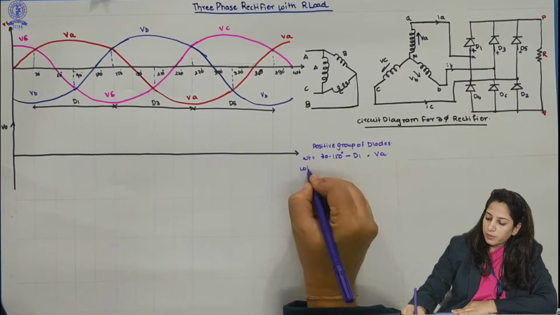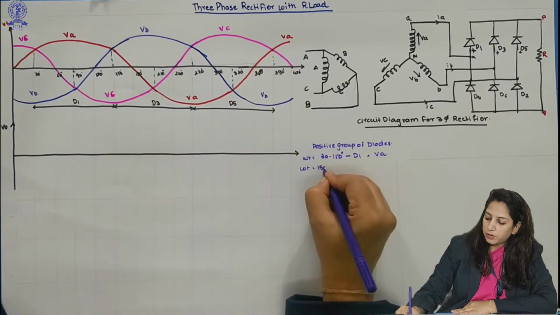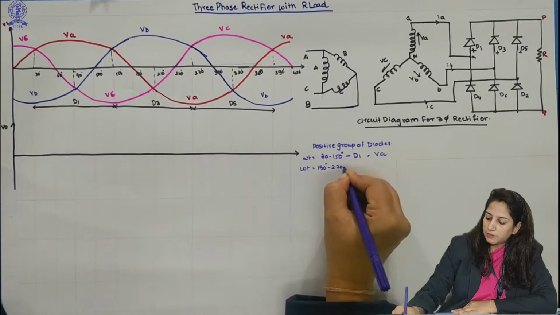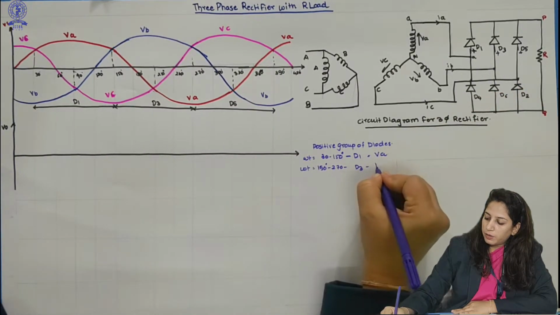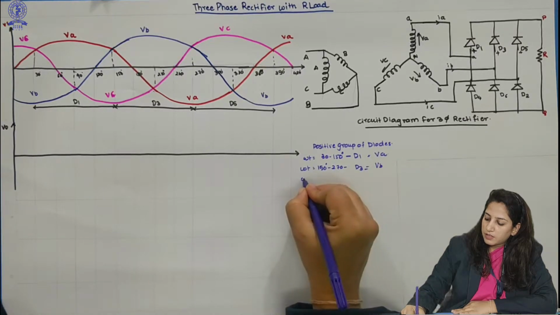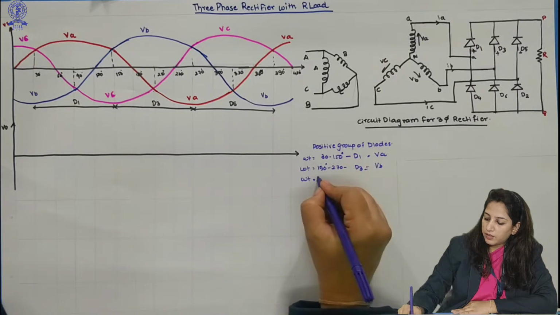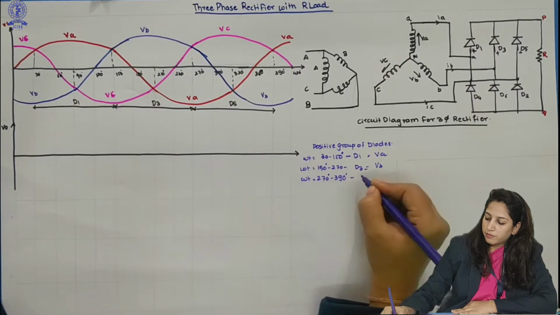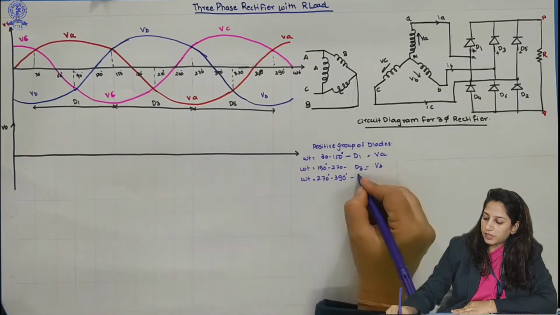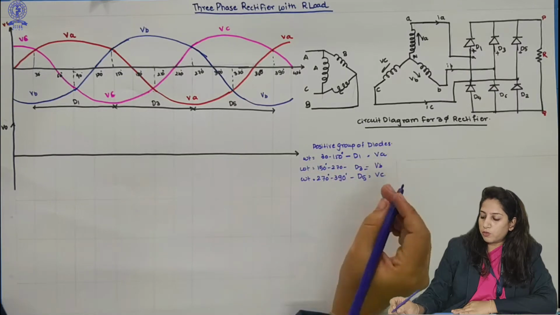Similarly, from 150 degrees to 270 degrees, D3 will be conducting and VB is high. And last, from 270 to 390, D5 is conducting and VC is high. So this was the positive group of diodes.